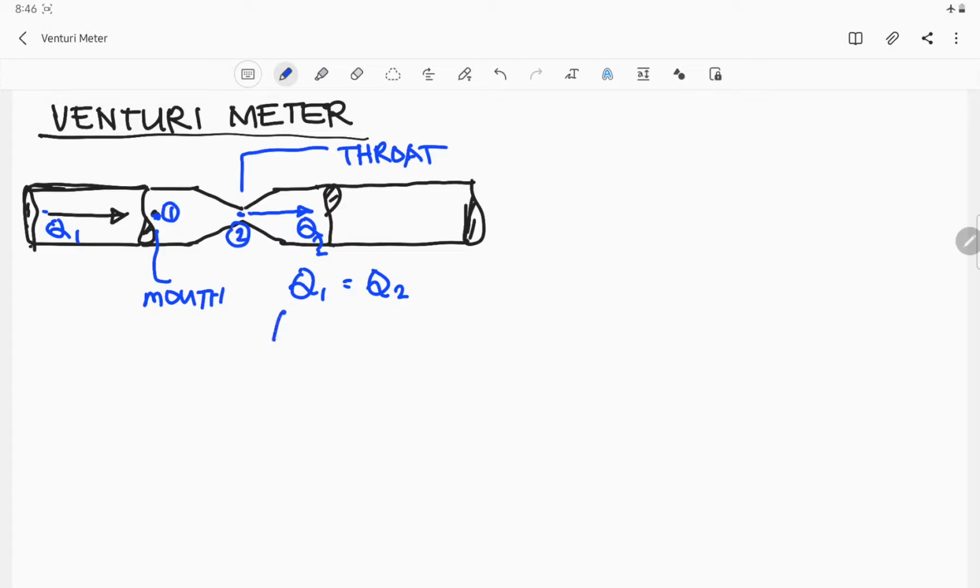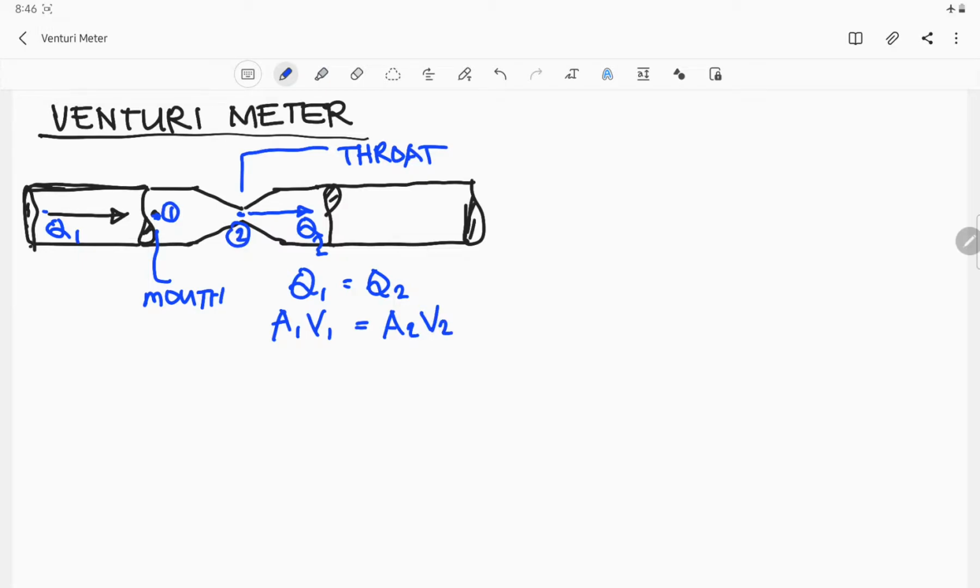Or you can write it this way: area 1 times the average velocity at point 1 is equal to the cross-sectional area at point 2 times the average velocity at point 2.